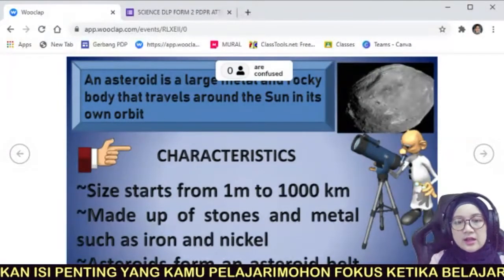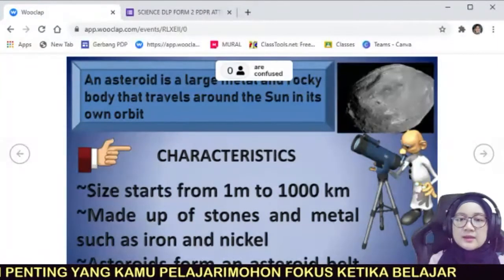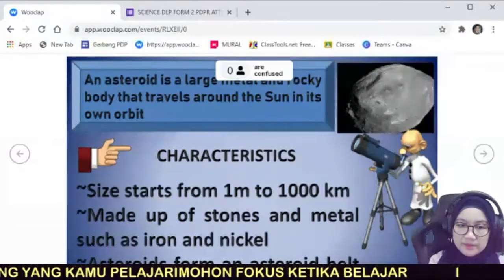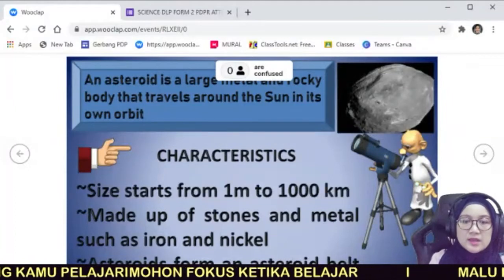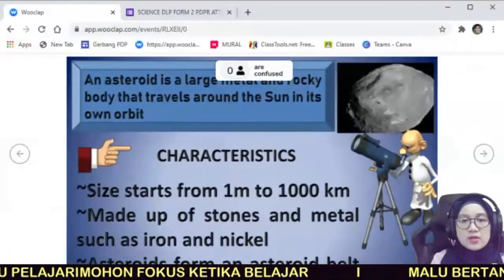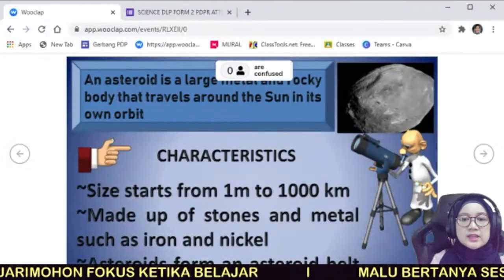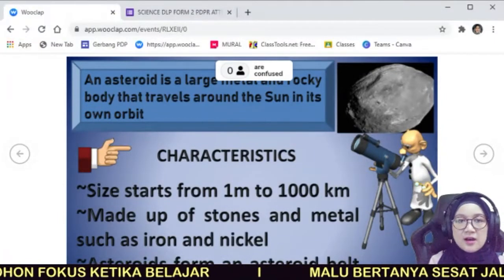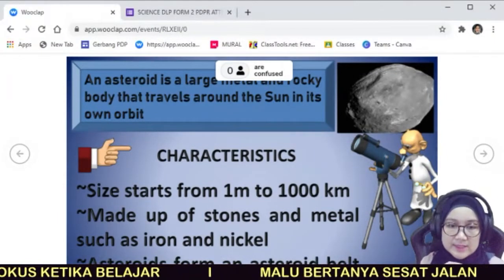Iron and nickel are also found on our Earth. However, this kind of metal can also be found in outer space in the form of asteroids.